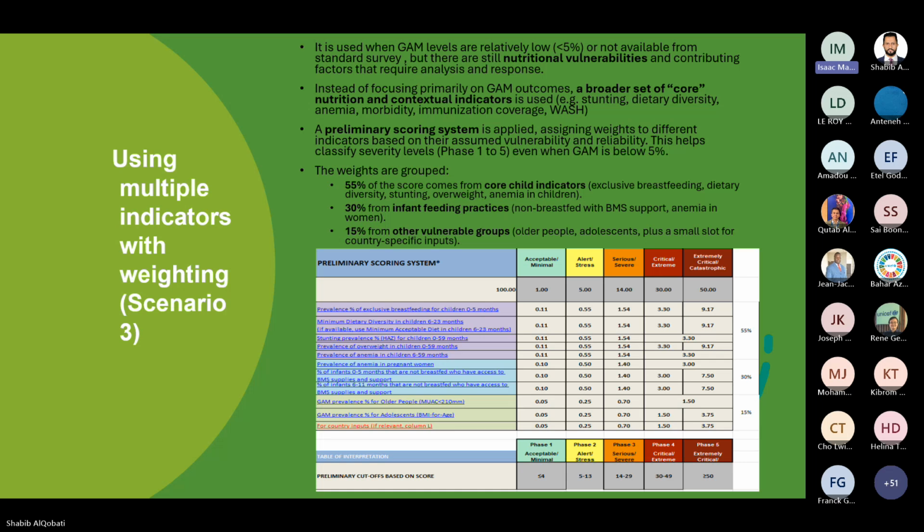Based on this holistic grouping of 3, we get a full 100%, which now helps in categorizing the various phases across which you will define the severity scale. In terms of scenario 3, there is a worksheet provided that gives the key scope of how the weighting has been done.